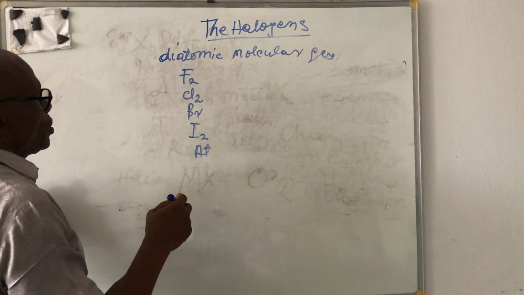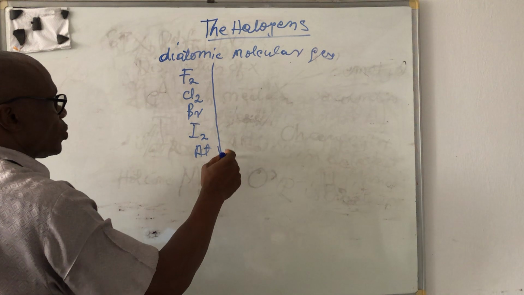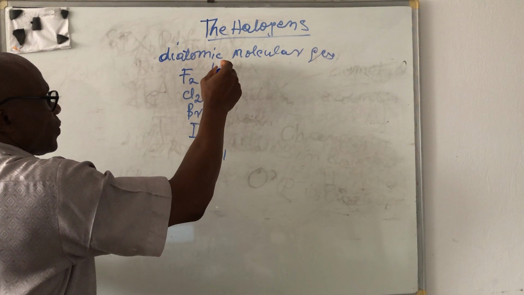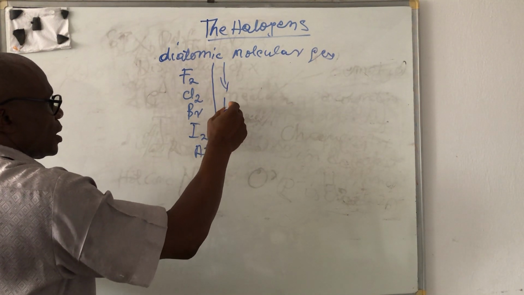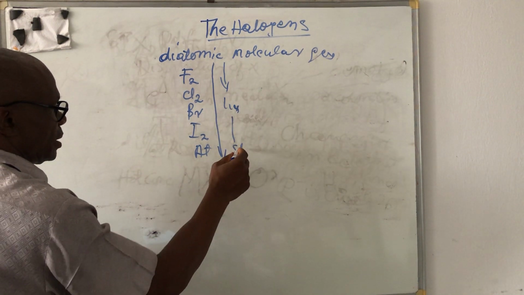As you descend the group, the state changes from gas to liquid to solid.